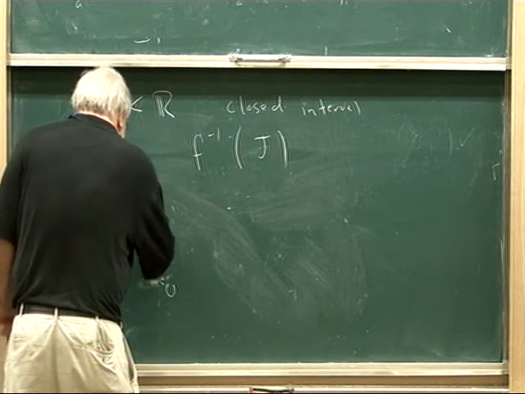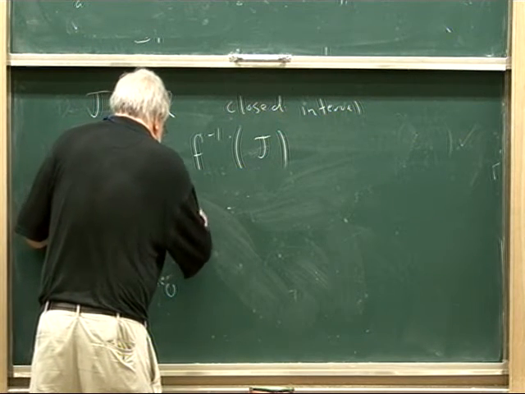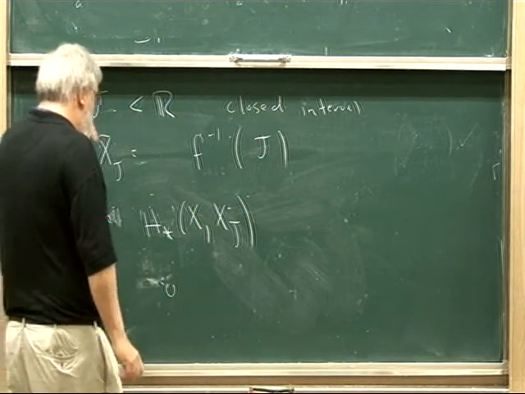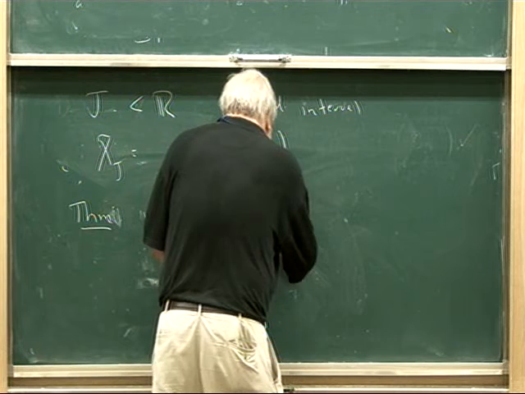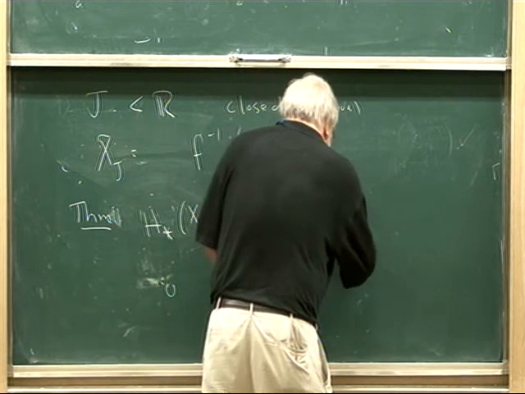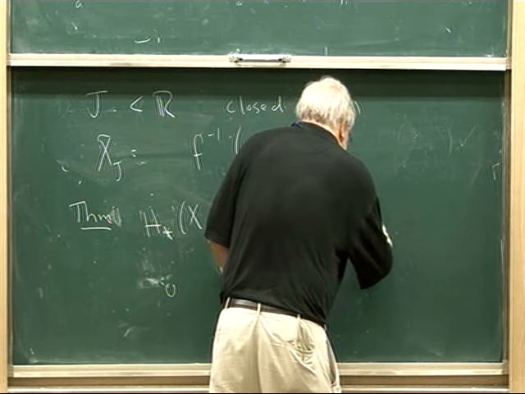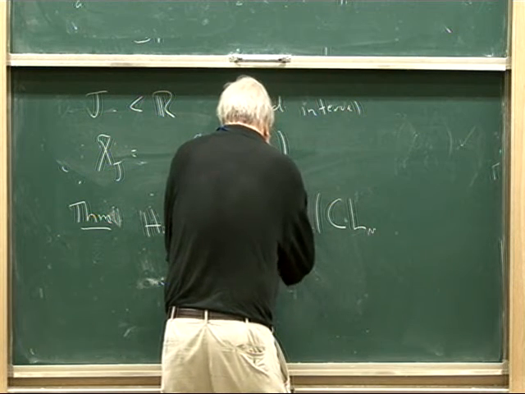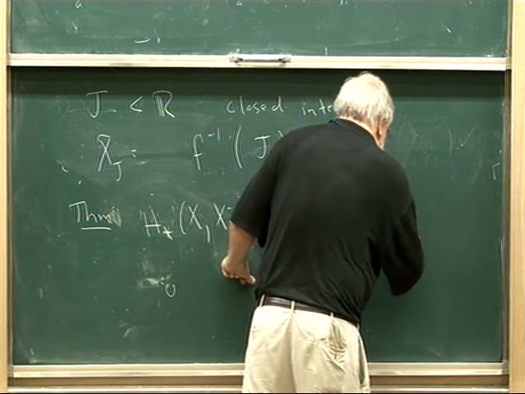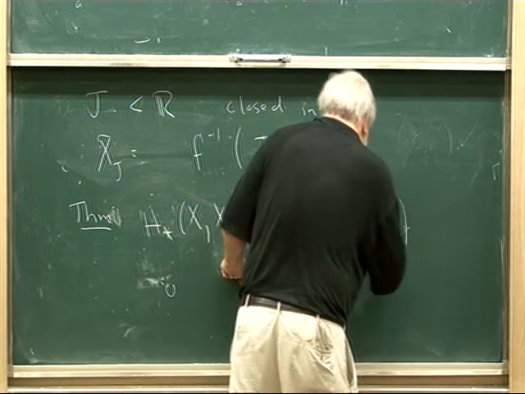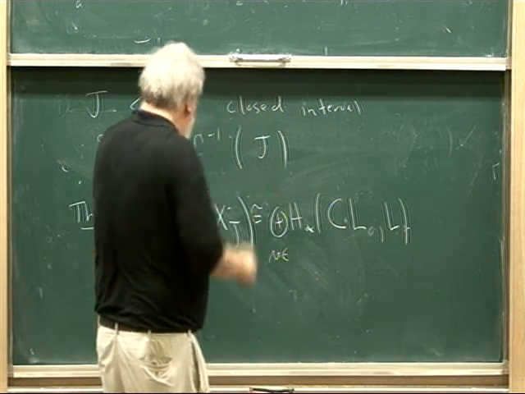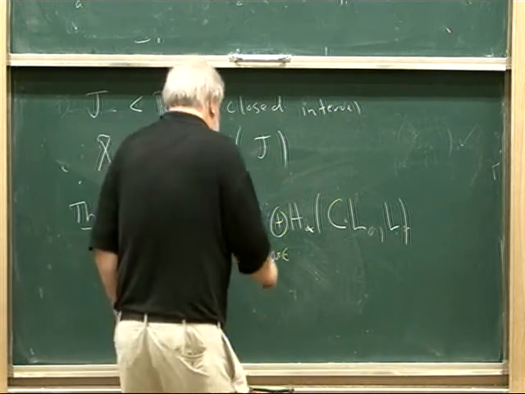It says if you take the homology of X comma Xj, this is the same as the homology of the cone on the descending link of a vertex. I should put a big sum here. It's a direct sum of copies of the cone on the descending link L, a direct sum over the vertices which don't lie in this sublevel set.